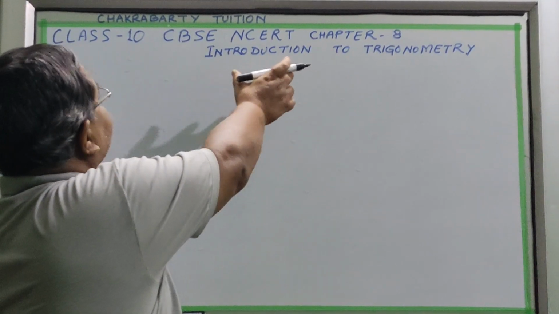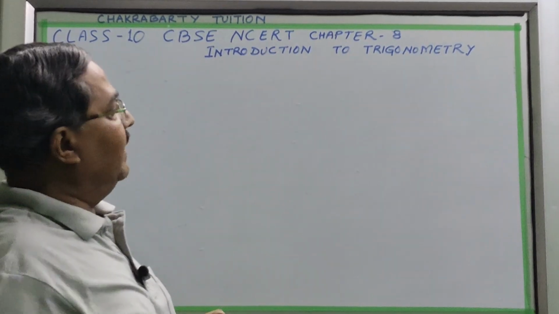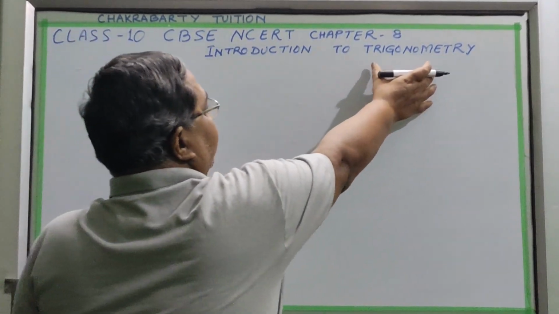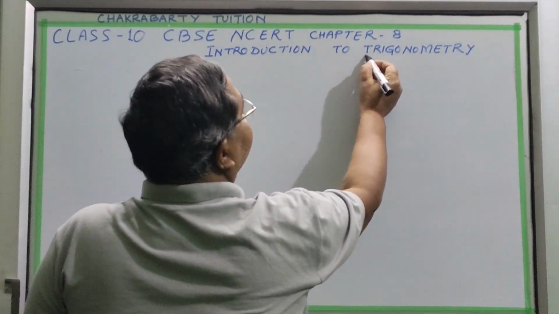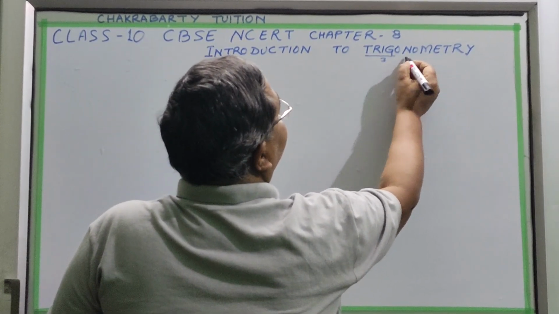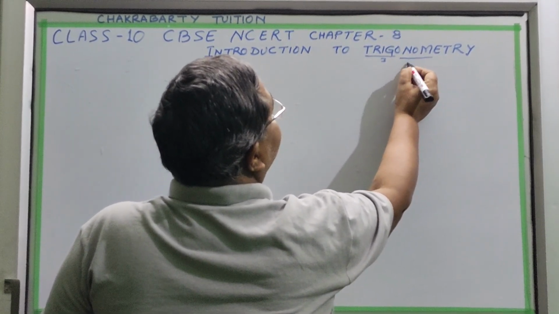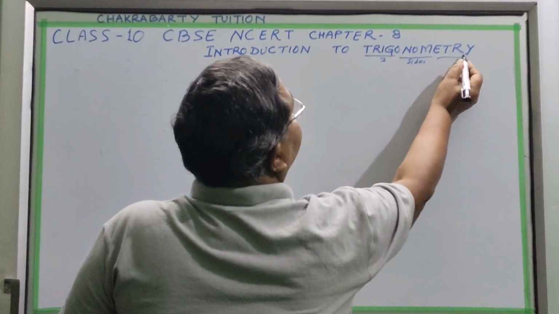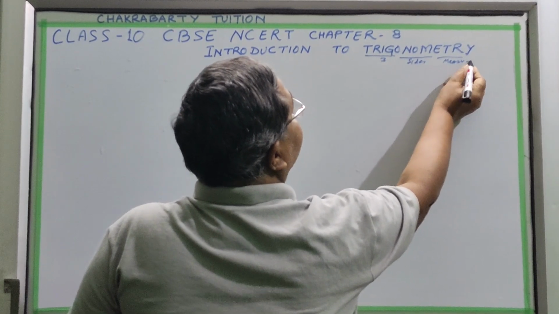So today we will start with chapter 8, Introduction to Trigonometry. Here in trigonometry, what we will study: trigono means 3, and no means sides, and metry means measurement.